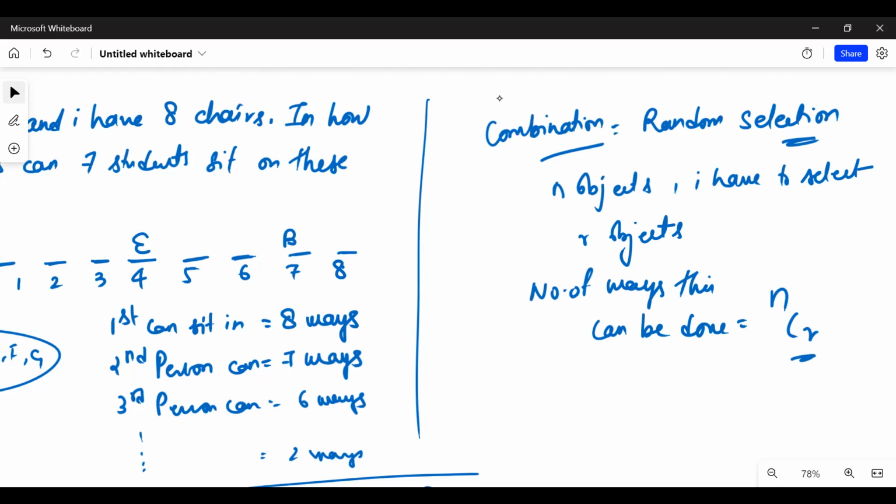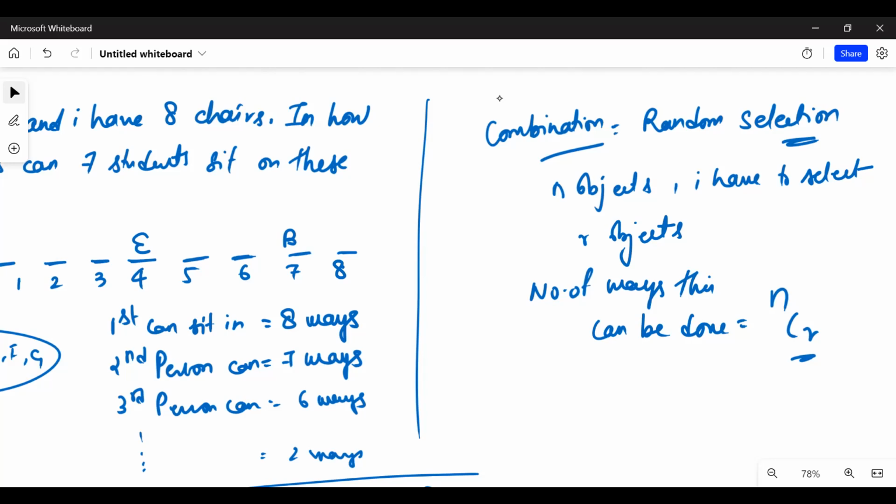Whenever I'm using the word combination, combination means random selection, randomly choosing r objects from n objects. In how many ways can you choose the r objects? That is nCr. Like you've seen, 52 playing cards are there, and I need to choose 4 cards.